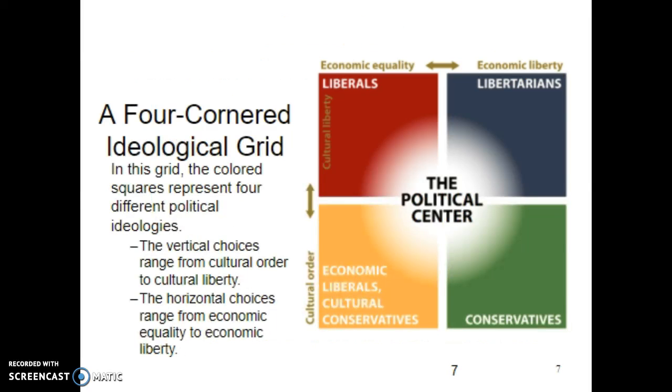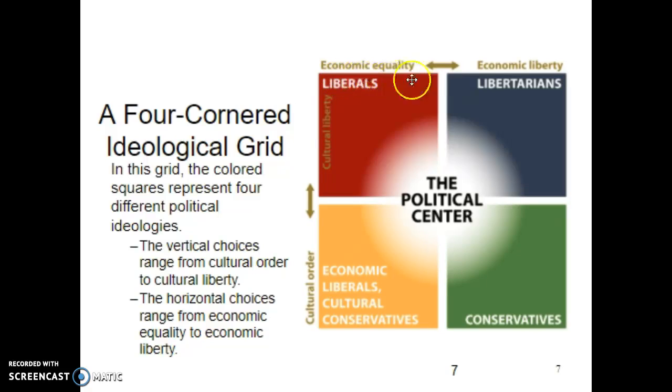Alright, so this image here is called a four-cornered ideological grid, and as you can see, we have the different views listed here. So we have our liberals, our libertarians, economic liberals, cultural conservatives, and then conservatives. And if we look at the vertical choices here, it goes from cultural order to cultural liberty, which is what it says right here, but you can't really see it very well.